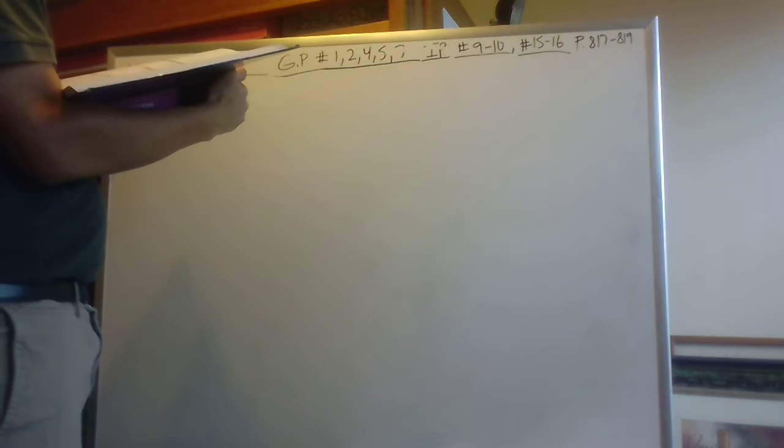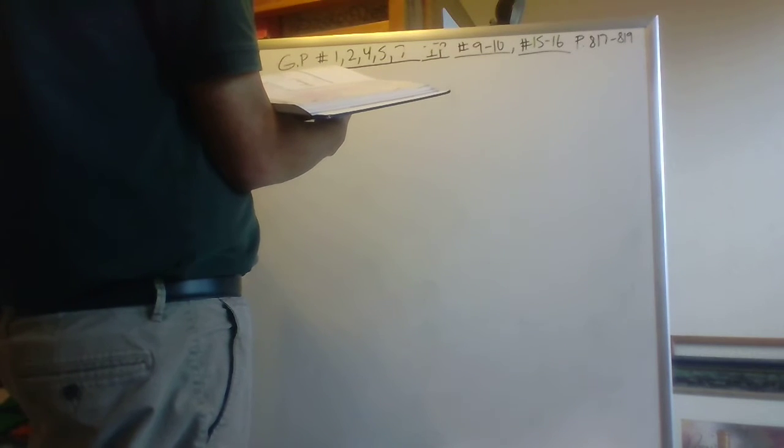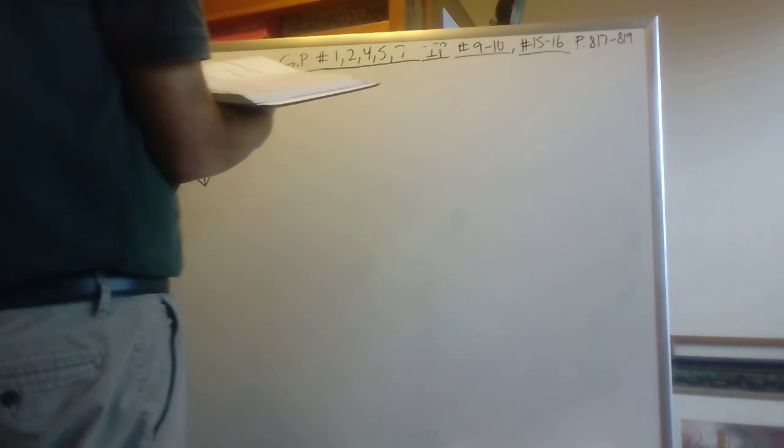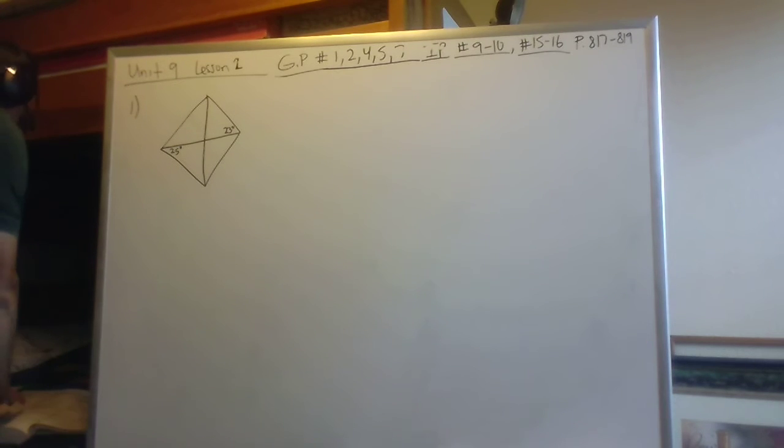So looking at page 817, we have problem 1, and it has a parallelogram that has a bisector running through it, and we have 25 degrees right there, and this angle is 23 degrees. And it says determine whether each quadrilateral is a parallelogram.